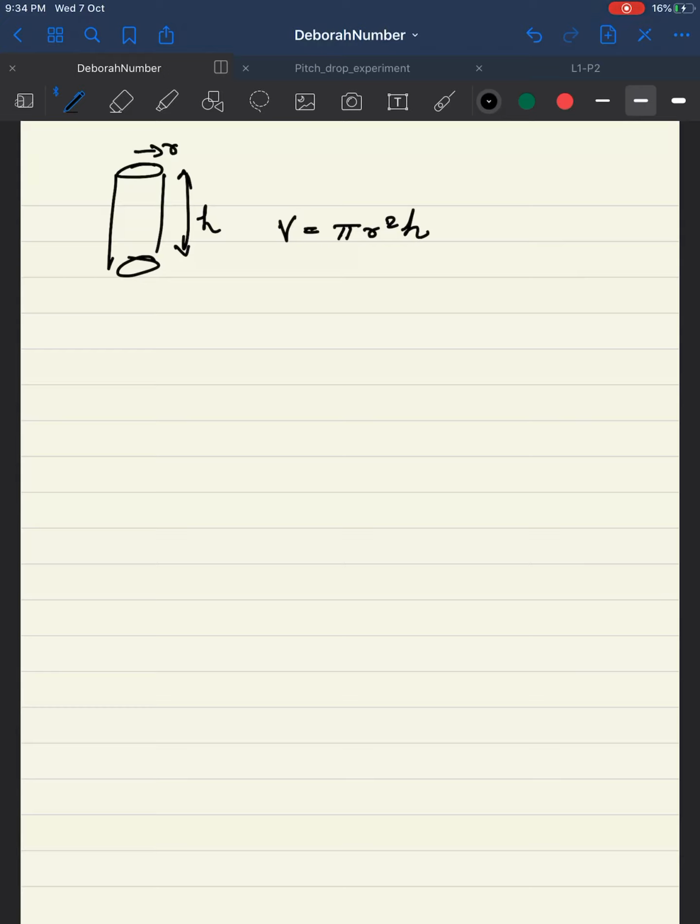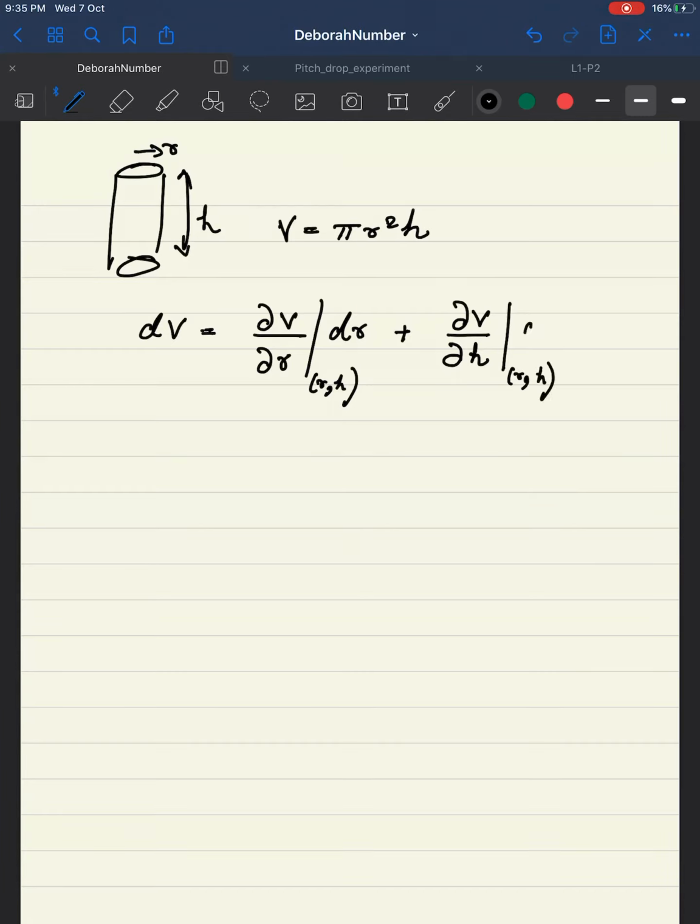So now, let me first write the expression. Let's say dV, going by the previous formula, is del V by del r evaluated at some r comma h, multiplied by dr, plus del V by del h evaluated again at some r comma h, into dh.